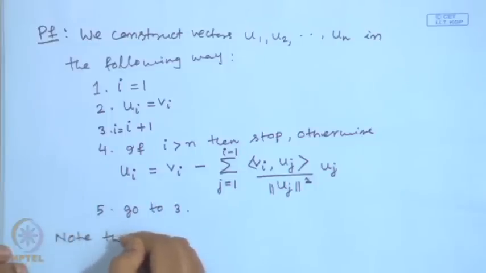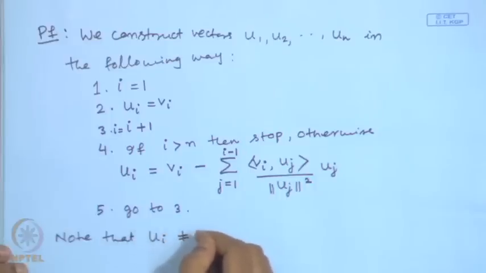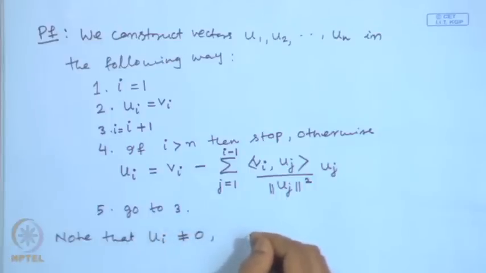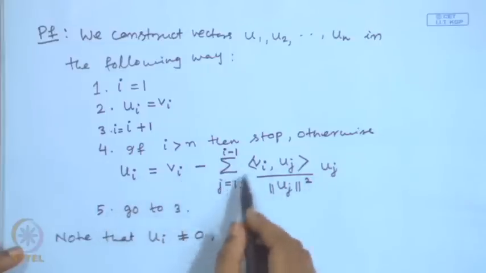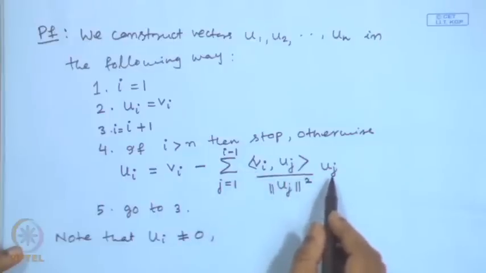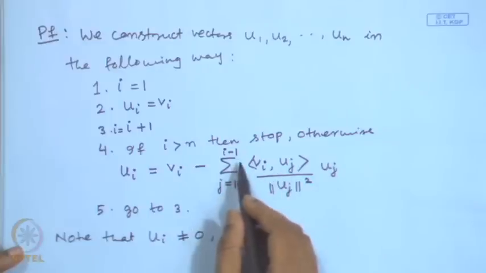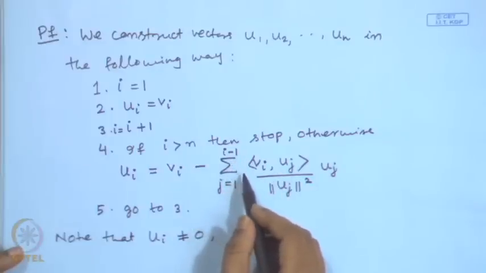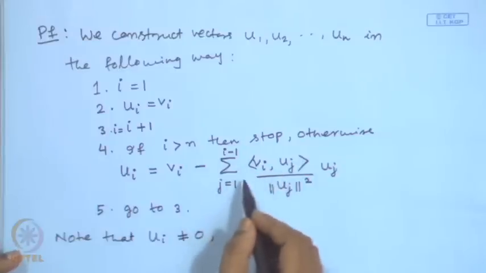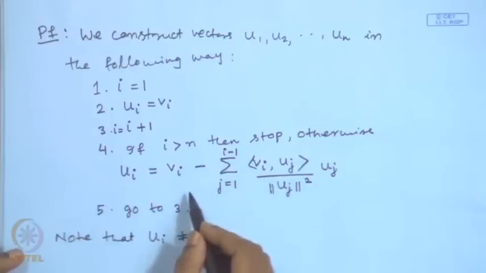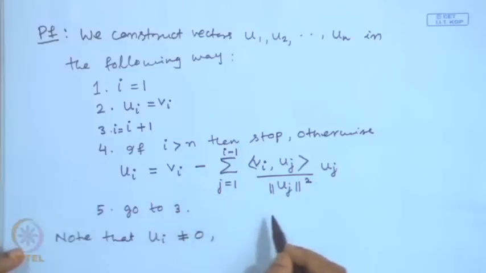Note that this ui is not equal to 0 because otherwise, if ui is equal to 0, then vi can be expressed as a linear combination of vectors u1, u2 up to ui minus 1, and these u1, u2 up to ui minus 1 are expressed in terms of the vectors v1, v2 to vi minus 1.